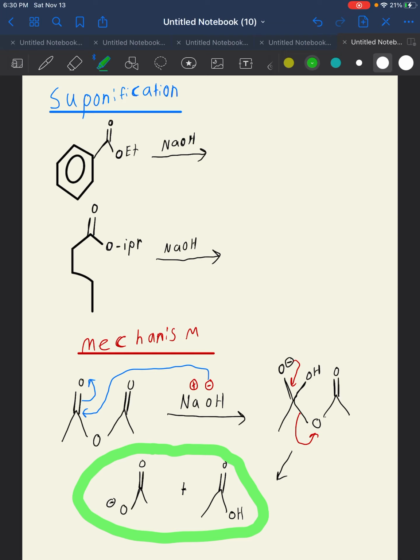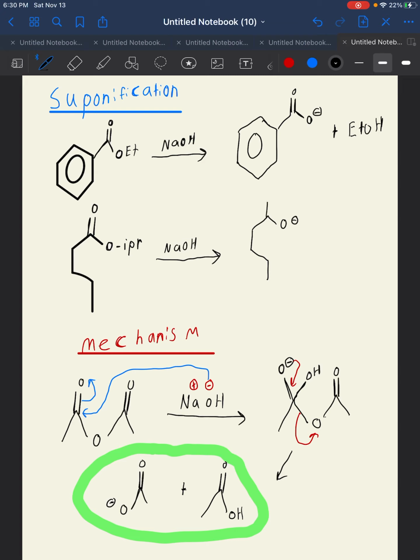That's for esters. For this one, what would happen is same thing. You're going to be left with the negatively charged oxygen attached to the ketone. And then you would have EtOH. Next one, draw out your compound.